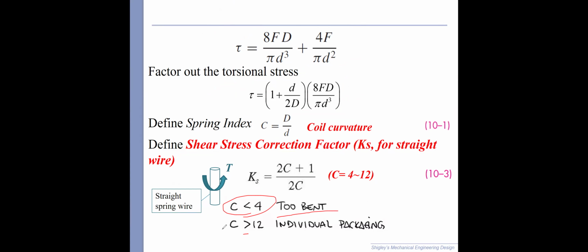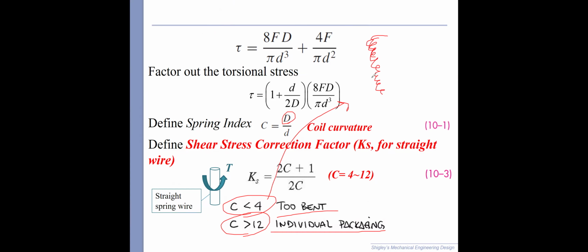So you can think about what the situation is if the spring index is less than 4. That means the capital D, the mean diameter, is smaller. Therefore, in this case, the spring may be like this, so it's easy to bend.